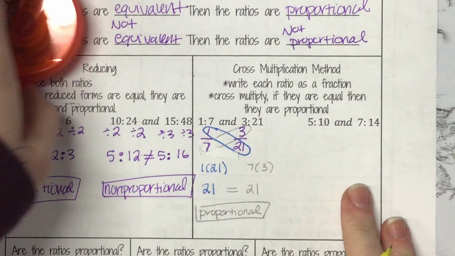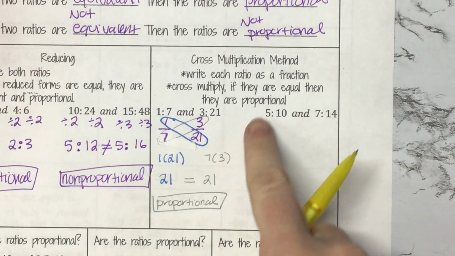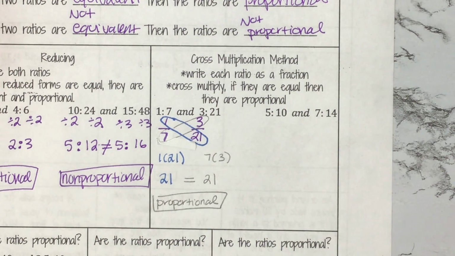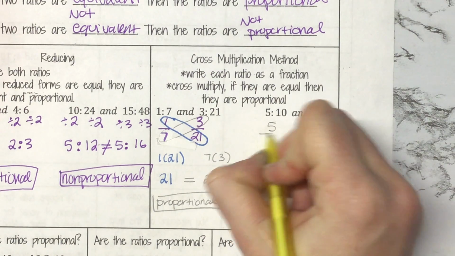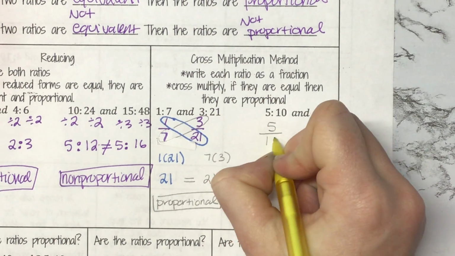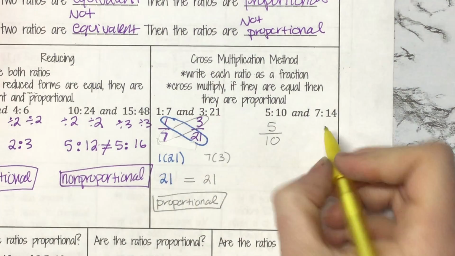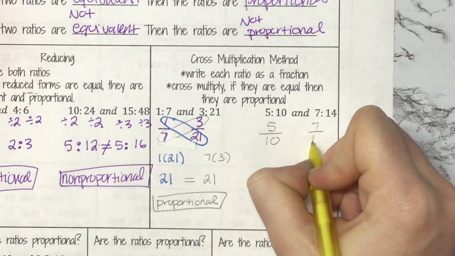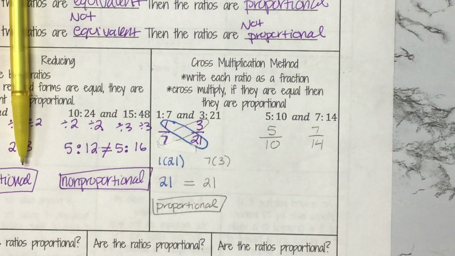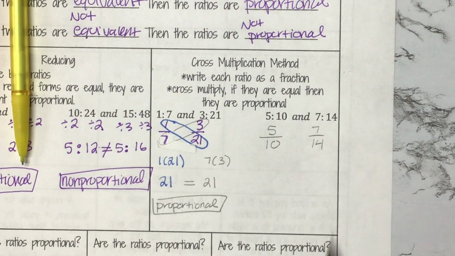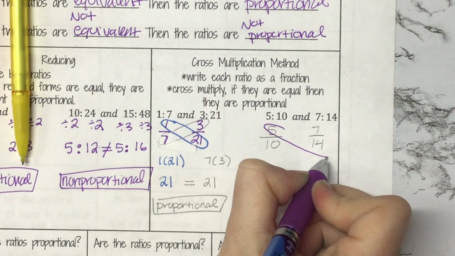Okay. So let's do another one. 5 to 10 and 7 to 14. I'm going to write them both as fractions. The first number goes on top of the fraction. The second number goes on the bottom. And 7 over 14. I'm going to cross multiply. So I'm going to go 5 times 14.